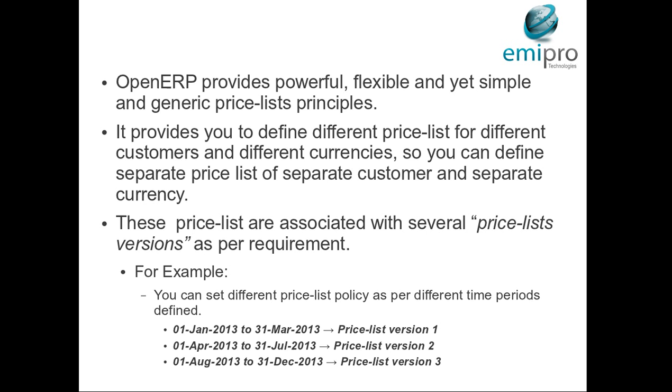The first is 1st of January 2013 to 31st of March 2013, where price list version 1 will be applied. Next, from the 1st of April 2013 to 31st of July 2013, price list version 2 will be applied. And finally, from the 1st of August 2013 to 31st of December, price list version 3 will be applied. So in a single price list, these are the different perspectives you can apply.